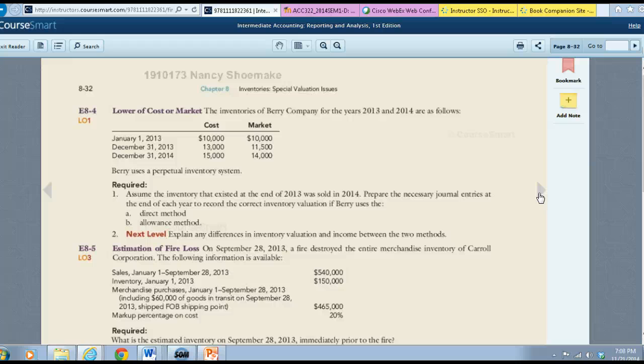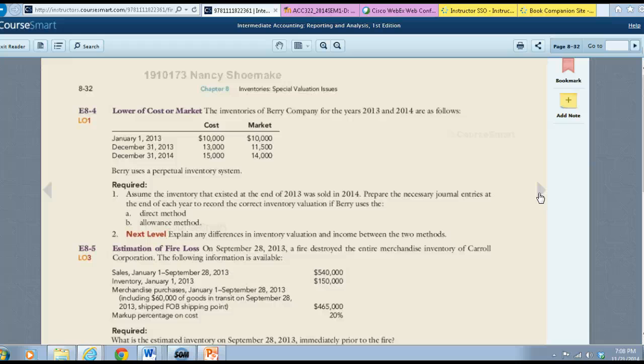Assume the inventory that existed at the end of 2013, so December 31st of 2013, was sold in 2014. Prepare the necessary journal entries at the end of each year to record the correct inventory valuation if Berry uses the direct method or the allowance method.